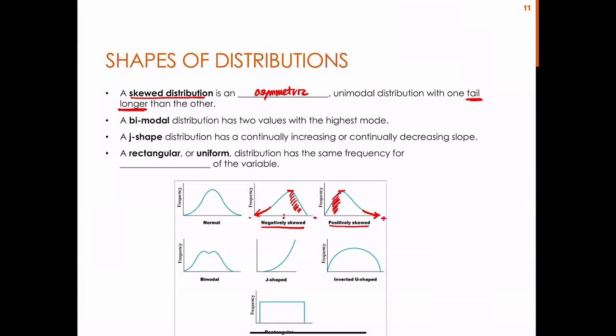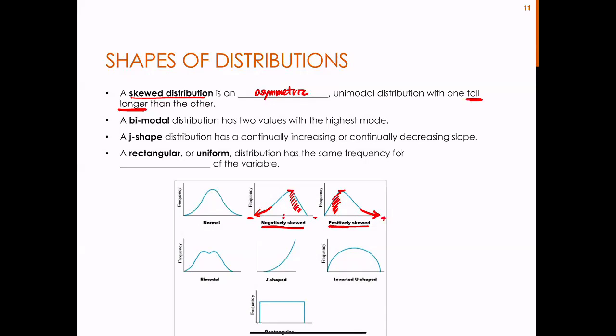So you just see which tail is much longer than the other, then you can assign a name for the direction, negatively or positively.